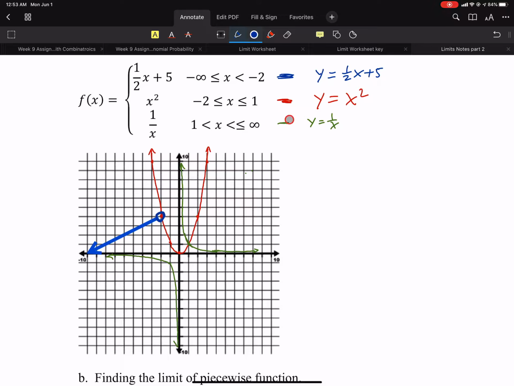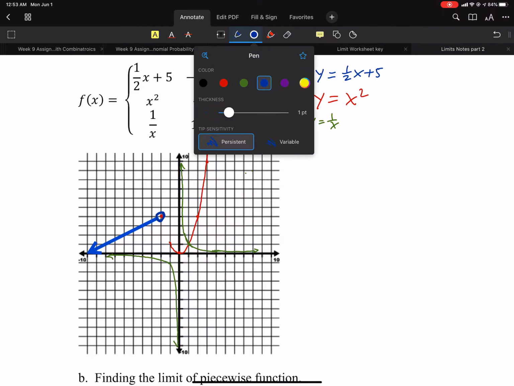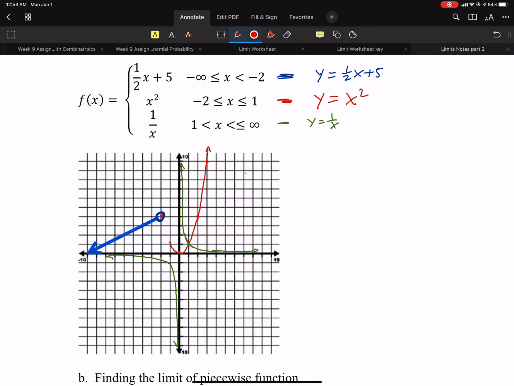Now let's take a look. This red graph only exists between negative 2 and 1. That's what this means. So to the left of negative 2, it doesn't exist, so I need to erase to the left of negative 2. I have to stop right there. But you'll notice there's an equal sign.